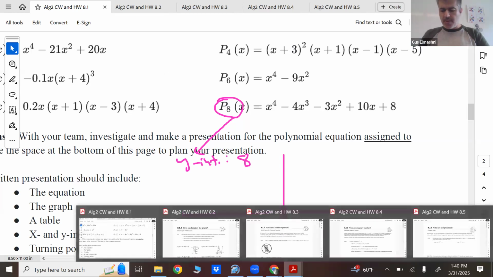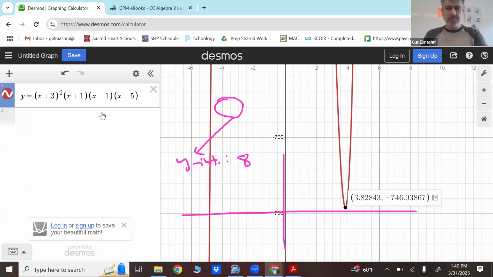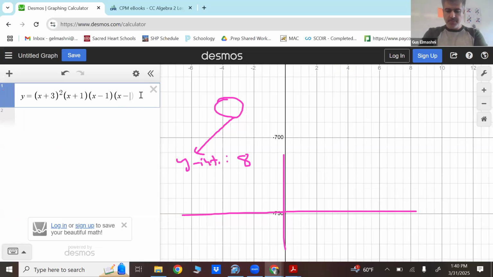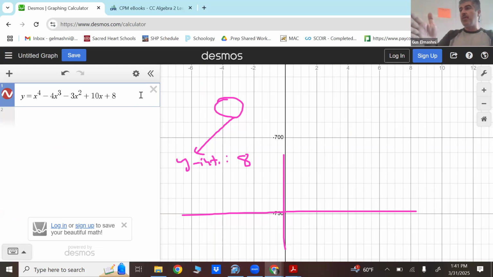X^4. Oh, that's because you didn't go to the left and to the right. So you have to first pick a point to the left of the x-intercept, and then a point to the right of the x-intercept.